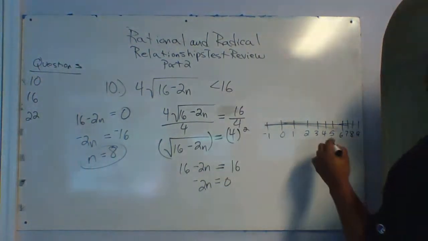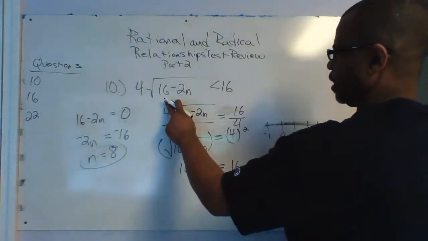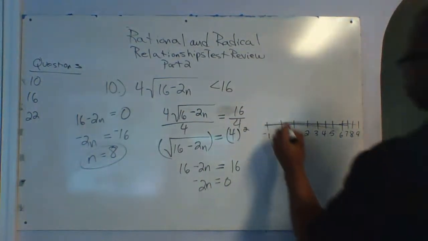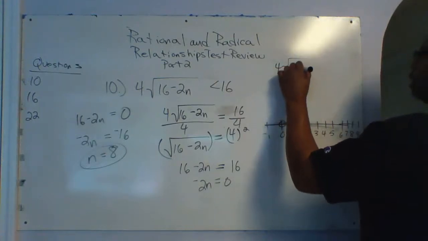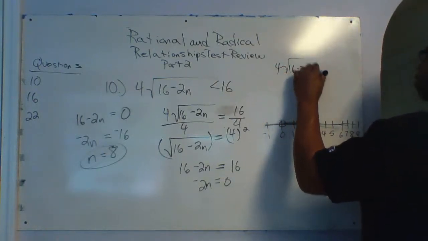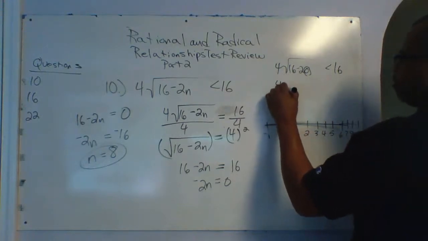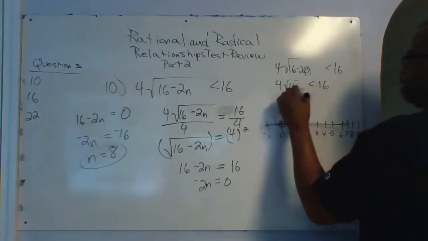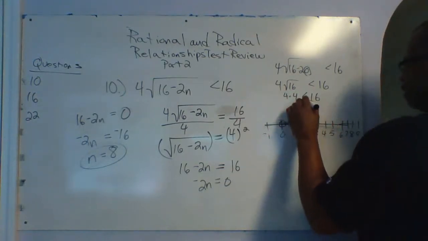Now I know if I plug in 0 in here, that'll give me 16, so that's going to be undefined at 0. Because if I do 4 times the square root of 16 minus 2 times 0, is it less than 16? That's 4 square root of 16, which is less than 16? So that's going to be 4 times 4, and 4 times 4 is not less than 16.